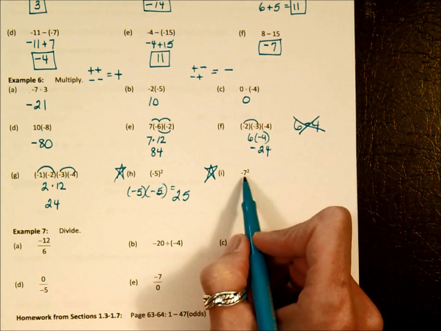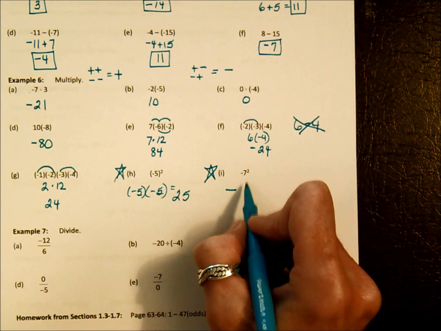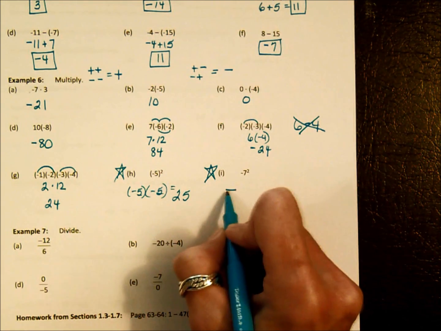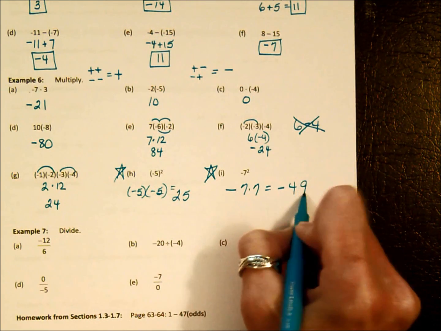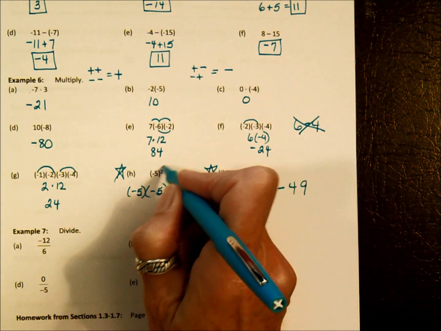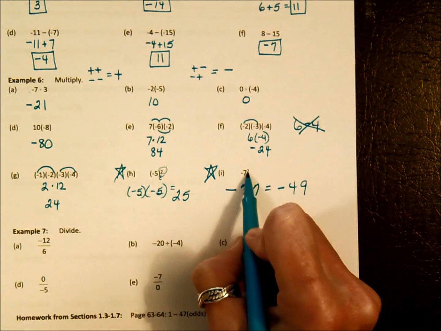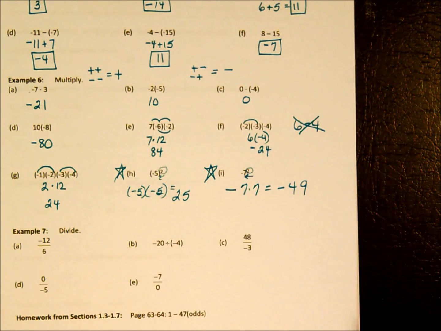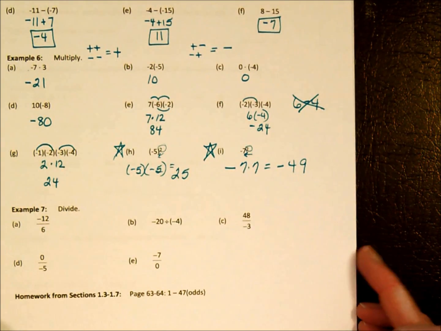This one does not mean that. This one means minus 7 squared. So minus 7 times 7, which is negative 49. Here the exponent belongs to all of it because it's in parentheses. Here the exponent only belongs to the 7. Again, if that's confusing, we will be returning to that.